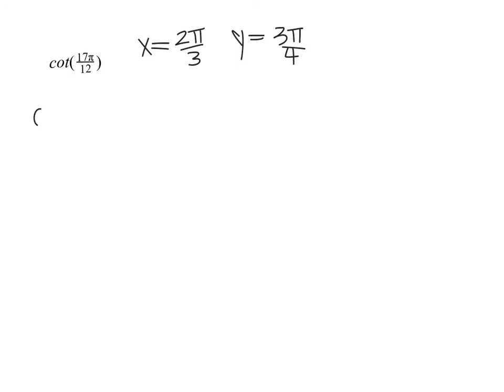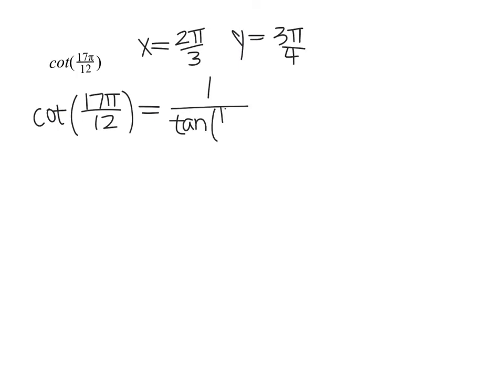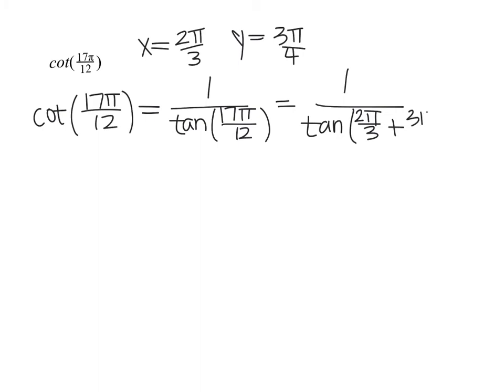So what that tells me is that cotangent of 17 pi over 12 equals 1 over tangent of 17 pi over 12. That also means the same thing as 1 over tangent of 2 pi over 3 plus 3 pi over 4. So the way I find cotangent of 17 pi over 12 is just to flip the sum identity for tangent.